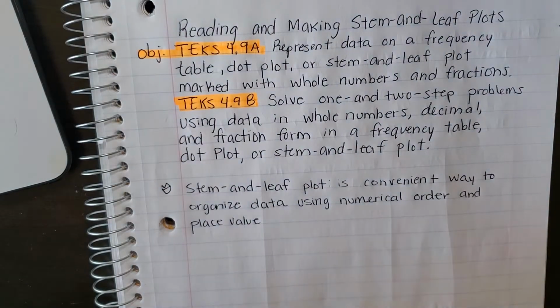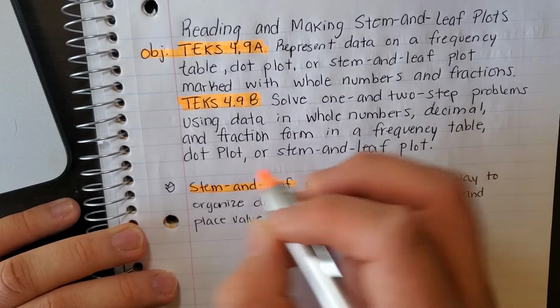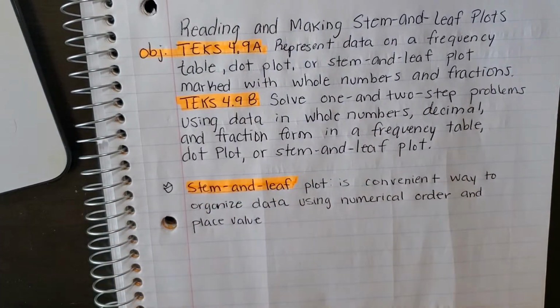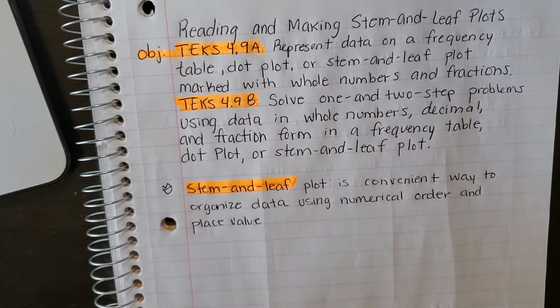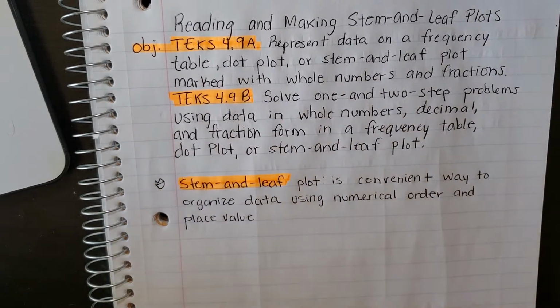So the stem and leaf plot, basically, you need to have everything in order from least to greatest, or according to their place value. So if you remember back to the beginning of the school year, we need to go back and remember where our ones, tens, and hundreds are. That way, the stem and leaf plot can come in handy when we are organizing data.